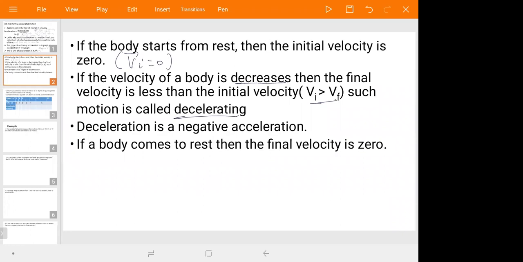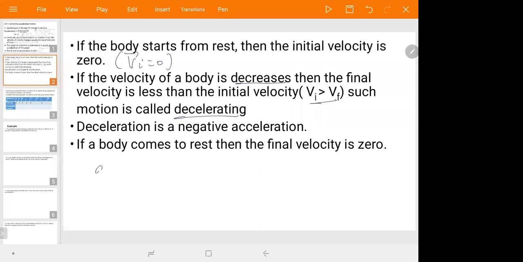Acceleration and deceleration are different. Deceleration is a negative acceleration.